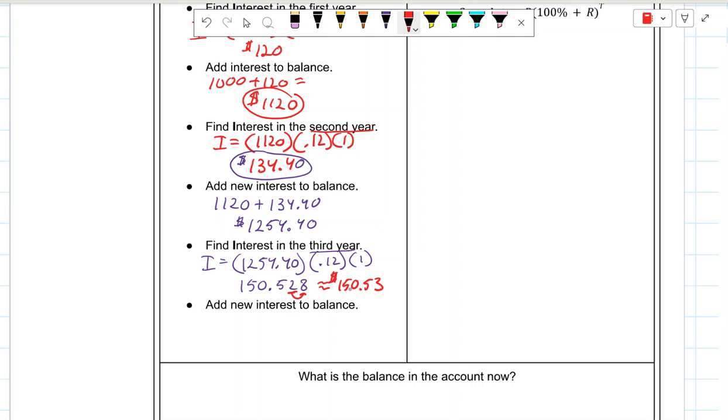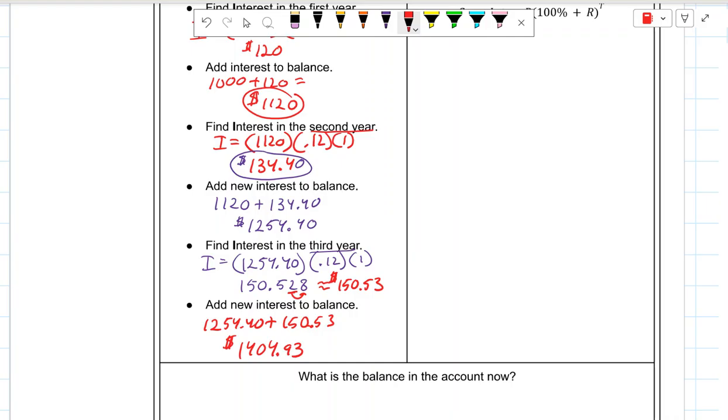All right, so now we add this new interest to the new balance: $1,254.40 plus $150.53. Add those together, and our answer is $1,404.93. That's what you would have at the end of 3 years.